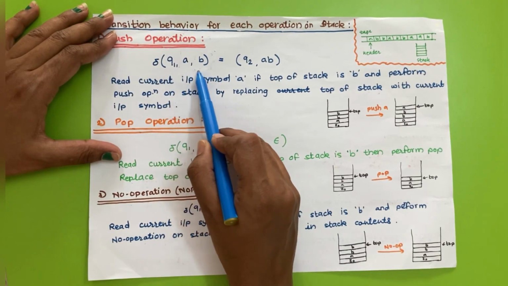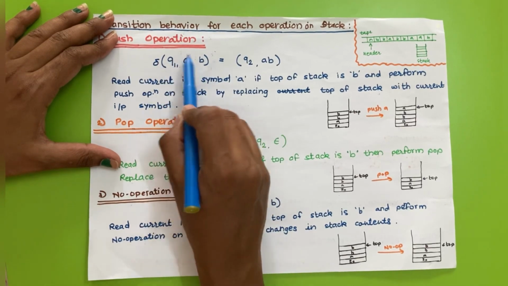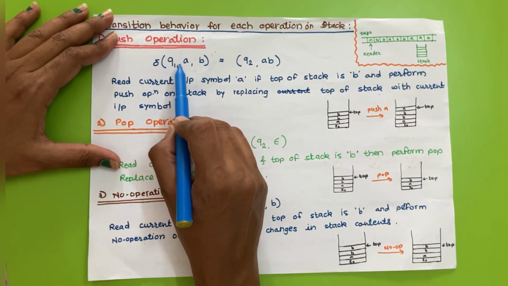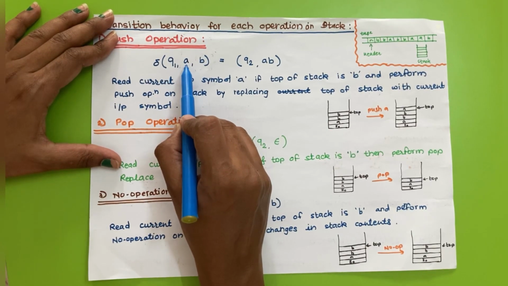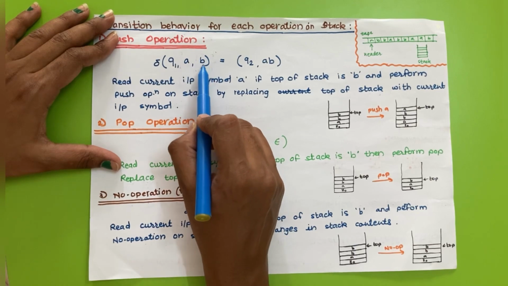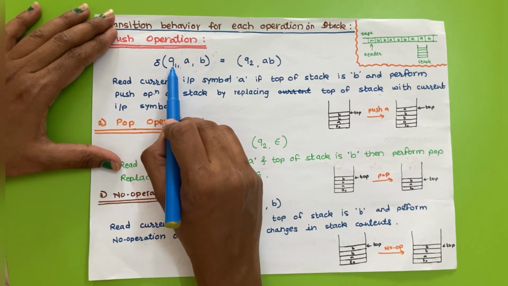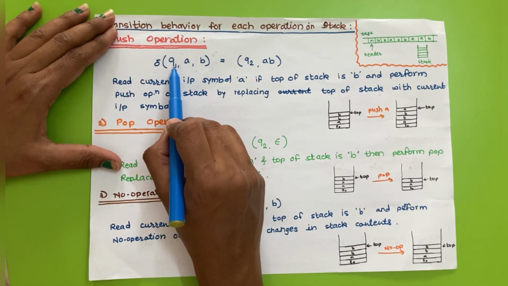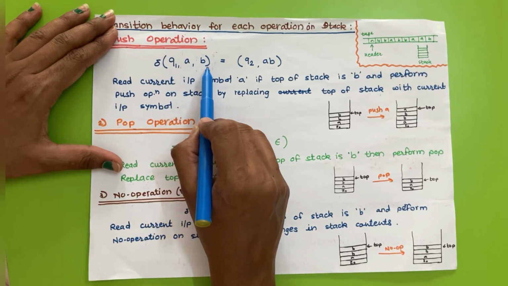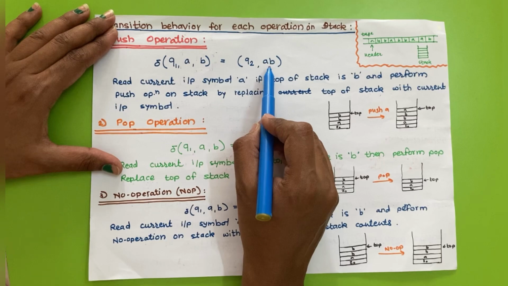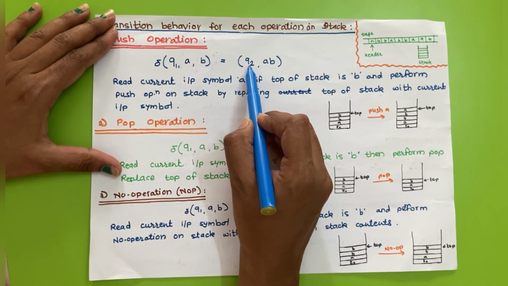We have already seen this triplet in the definition of PDA. In this triplet, first is the current state, the second symbol represents the current input symbol being read from the input tape, and the third symbol represents the top of the stack. So the situation is that you are reading current input symbol a, you are in state q1 and top of the stack is b, and we wish to perform push operation on stack, then we are going to state q2, which is our output state.